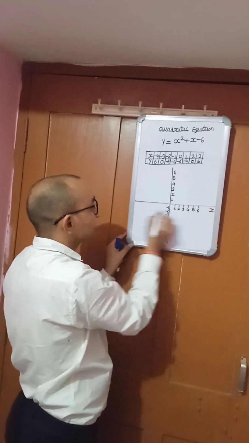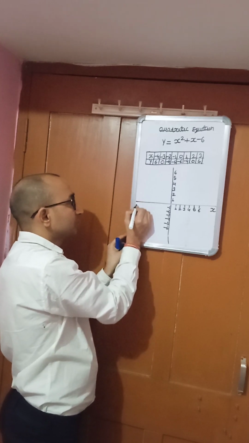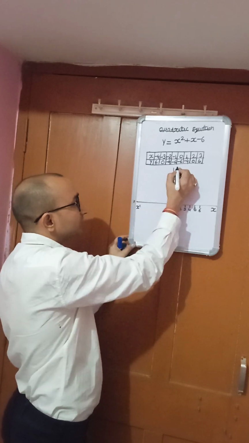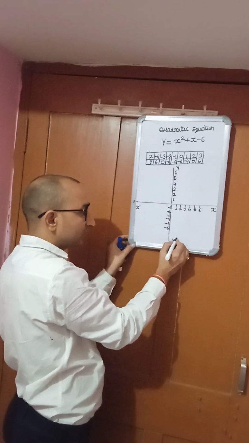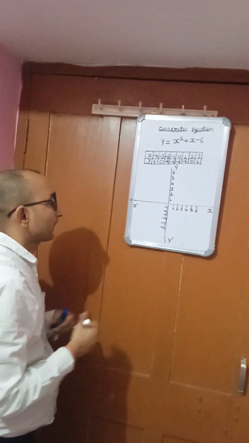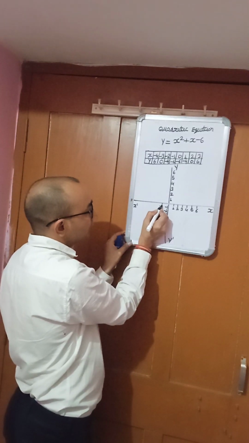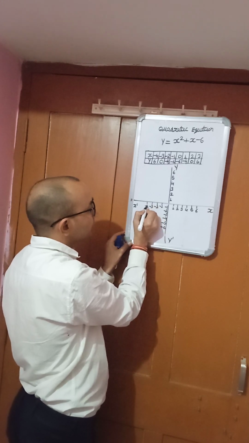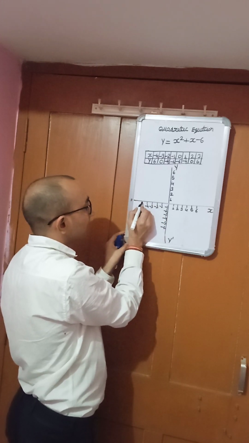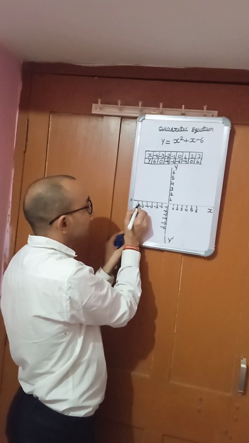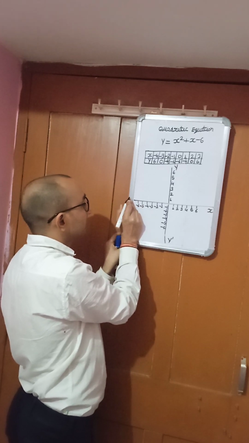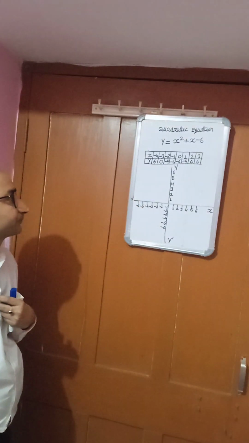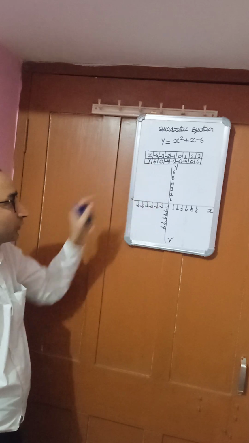This is the positive x-axis, this is the negative x-axis, this is the positive y-axis and this is the negative y-axis. Here minus 1, minus 2, minus 3, minus 4, minus 5, minus 6. The first point is minus 4 and 6.